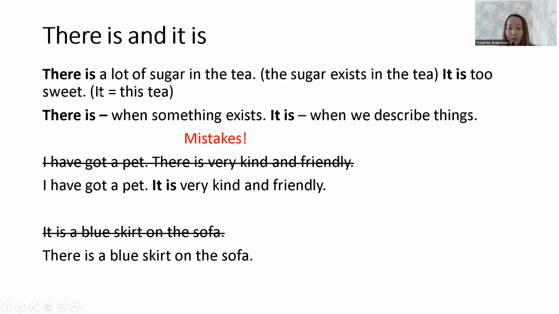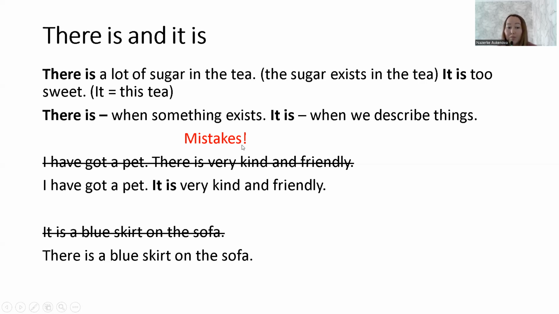Here, it means this tea, because we are talking about the tea and we are describing the tea, not the sugar. We are describing the tea, that it's too sweet, right? So this is the difference between there is and it is. When something exists, we use there is. When we describe something, we have to use it is.